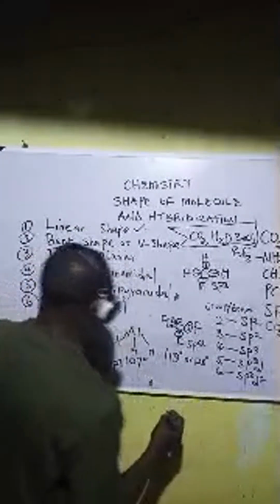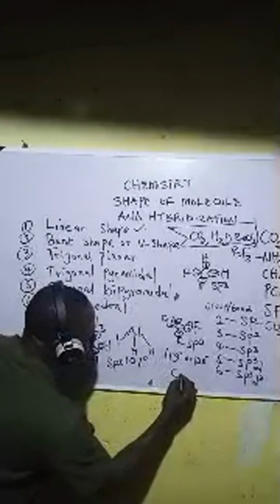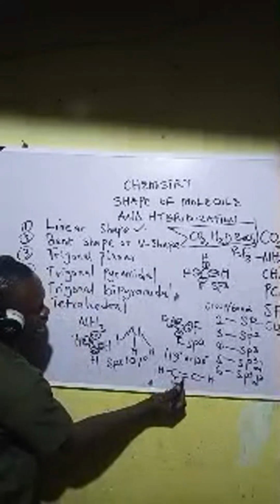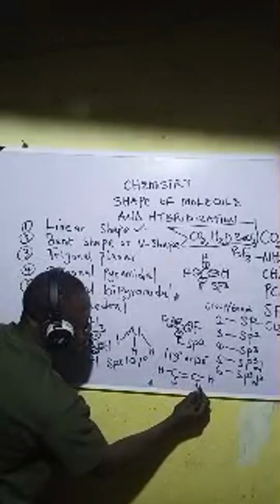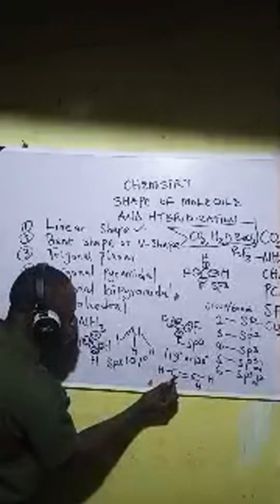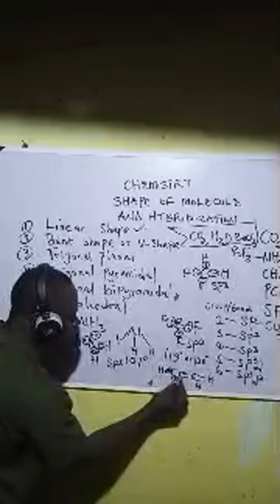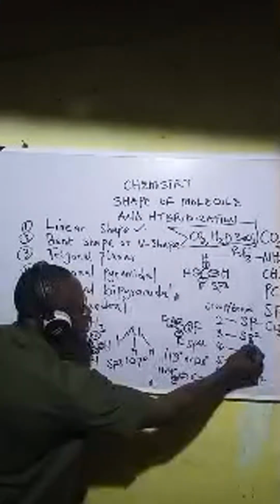For instance, now we have C double bond. You are looking at the central atom. If you pick this one, how many bonds? 1, 2, 3. Three is sp2 hybridization. Is that understood?